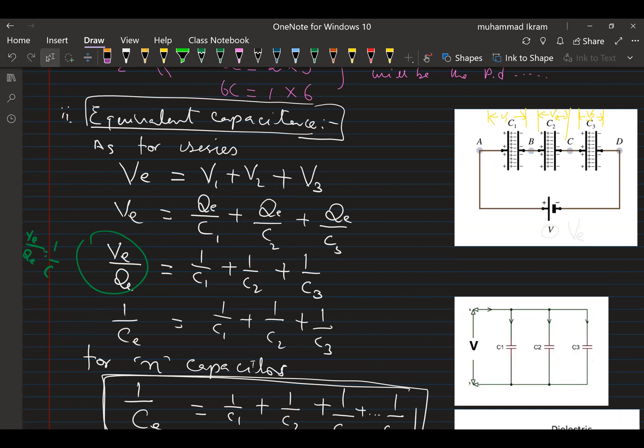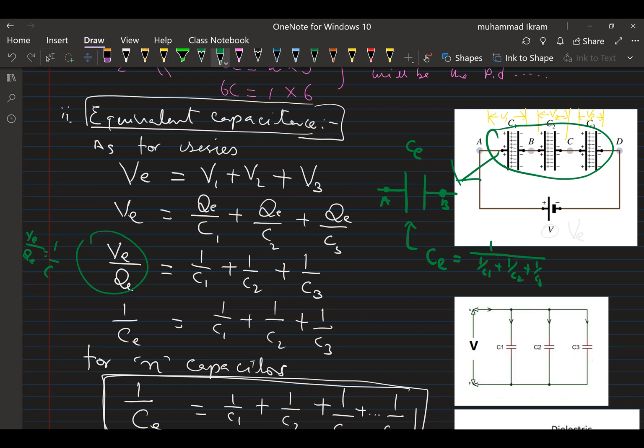And if you replace the combination of these capacitors with one C equivalent capacitor across the terminals A and B, the result comes out to be 1 over C equivalent equals 1 over C1 plus 1 over C2 plus 1 over C3 up to 1 over Cn.